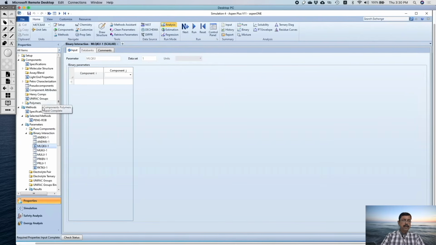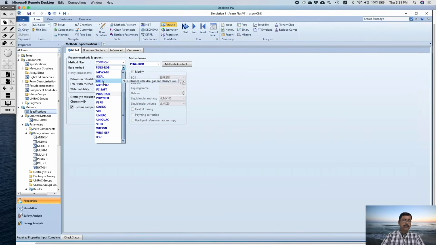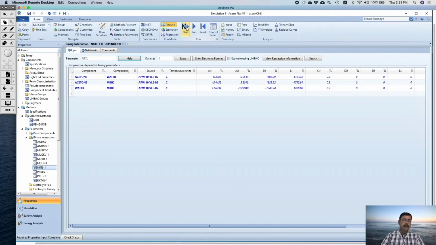Instead, if you use say NRTL method, suppose you use NRTL method, then the binary interaction parameters are available. For that you have to again run this equation and all the binary interaction parameters are now available.